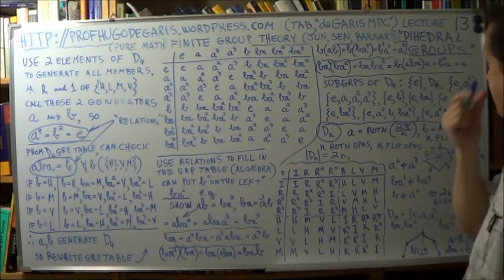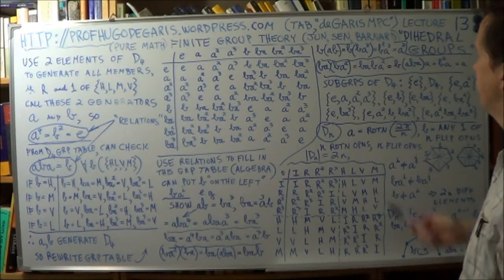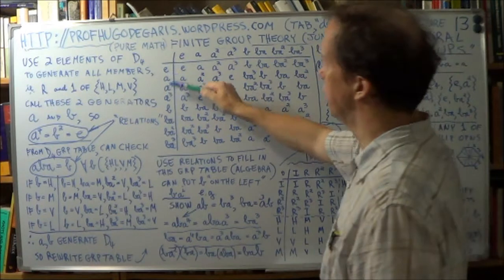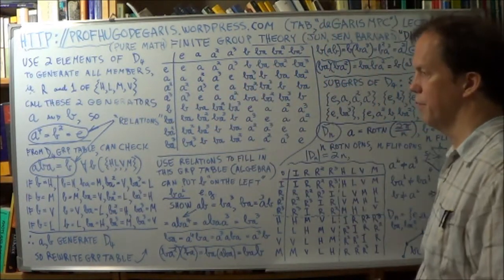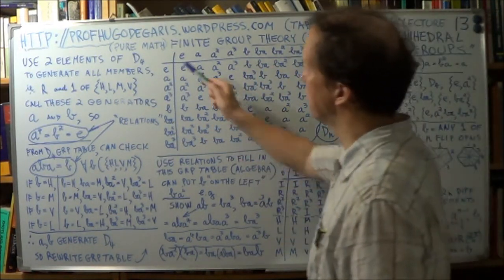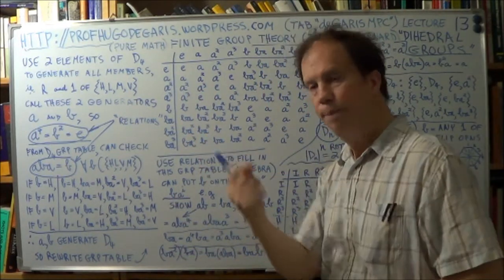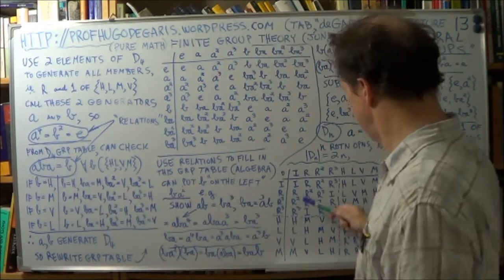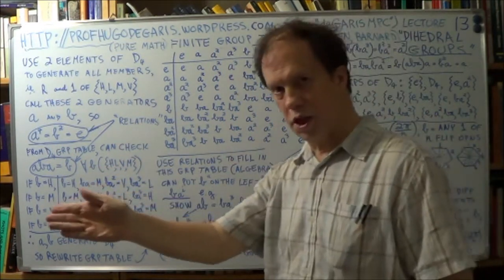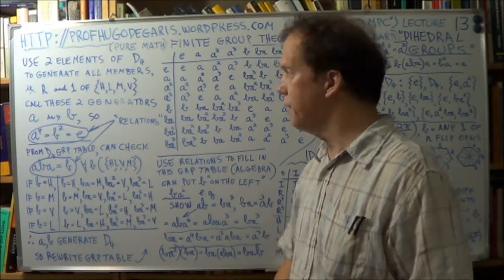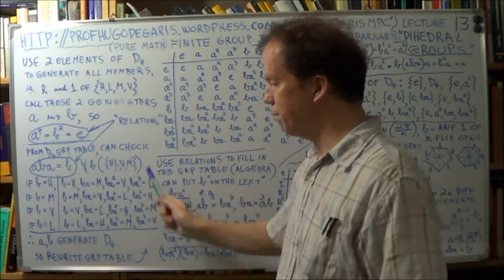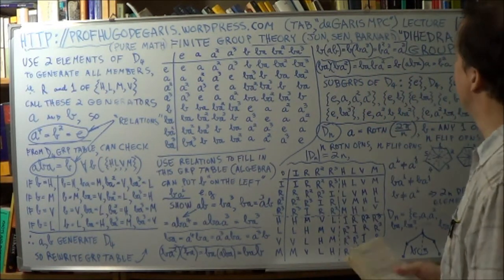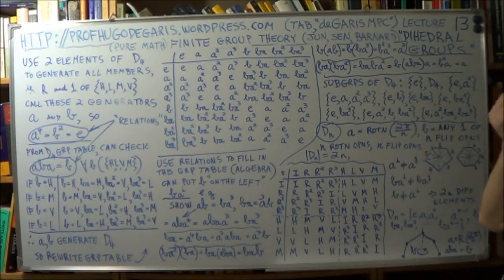Okay, so we have this group D4 with these elements rewritten in terms of two generators, A and B. A is just R actually, a 90-degree rotation. And B is any one of these four flip operations.